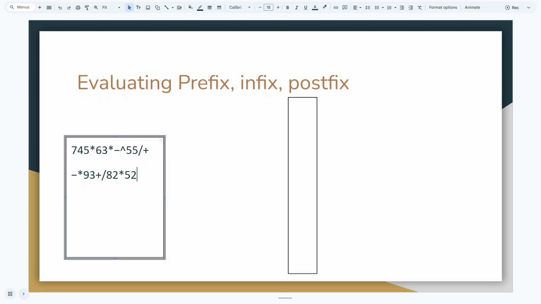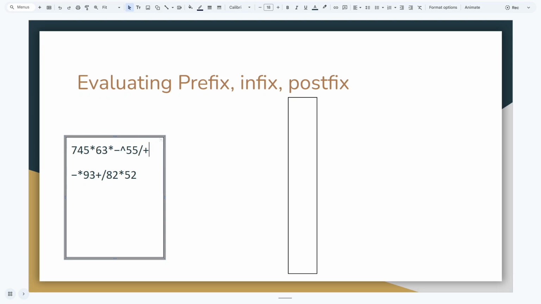It's pretty simple. If you want, you can convert it straight to infix and then solve it from infix, which I don't really need to go over because I just went over the conversion, and solving the infix is very simple.